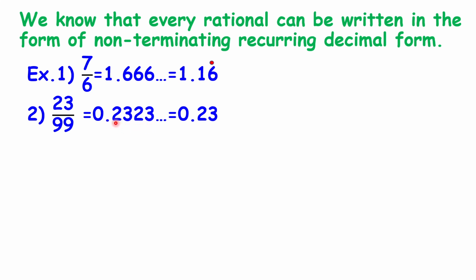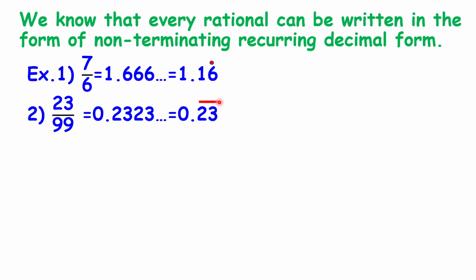The numbers 2 and 3 are repeating, so this non-terminating recurring decimal is written like this: 0.23 with a bar. Here two numbers, 2 and 3, are repeated, so the line is on the numbers 2 and 3. Which numbers are repeating?